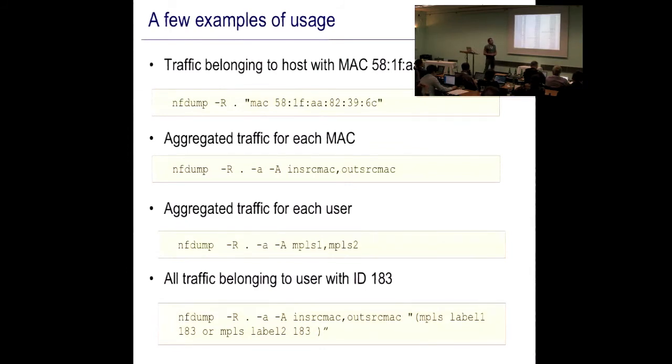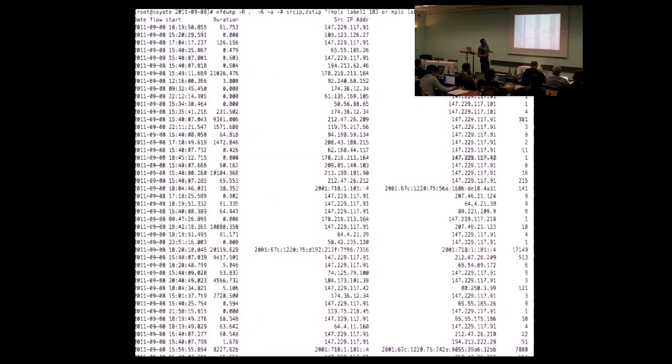On the next slide, there are some outputs. They are quite ugly, but I think you will understand them. There is a command line at the top, and in this filter you can see that we ask for a user with identification ID 183.